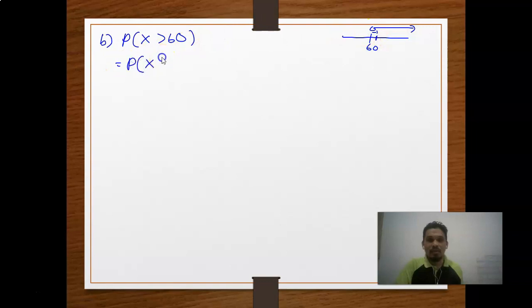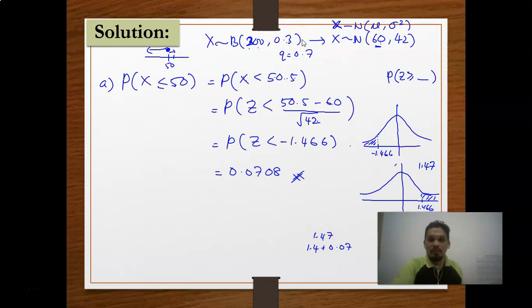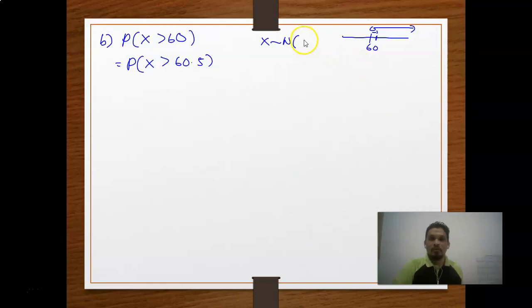It is probability of x greater than 60 plus 0.5, which is 60.5. Now we transform into the normal distribution with mean 60 and variance 42, from binomial to normal.